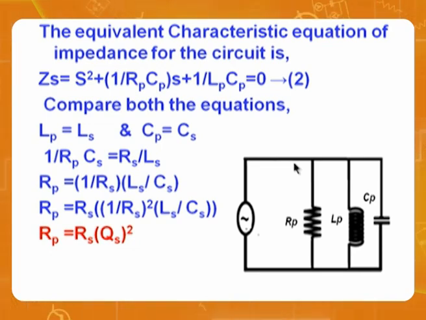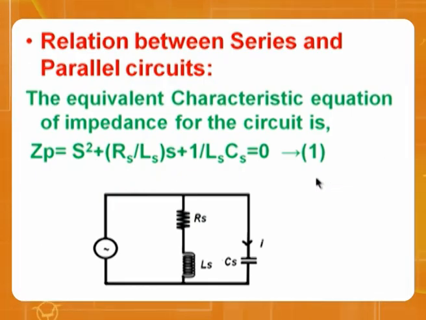So whenever the question paper comes, or in engineering and industry also, when all three are in parallel, you can convert them into series. Series you can convert them into parallel. So conversion is possible in this way. With this understanding, I can take an RLC circuit as parallel like this, or an RLC circuit as series like this.